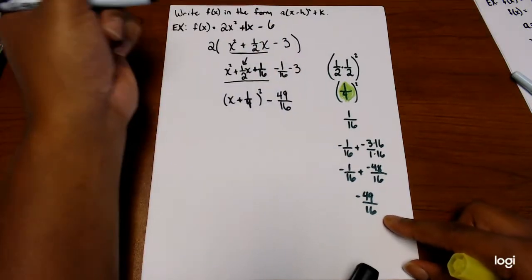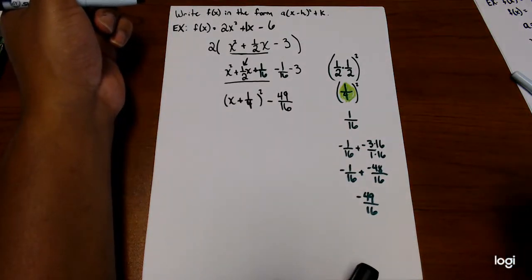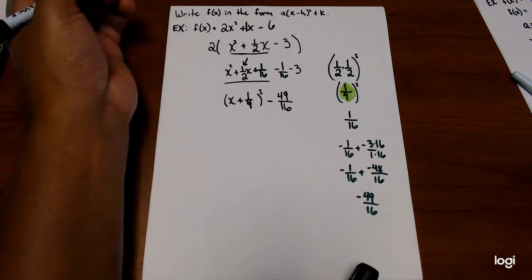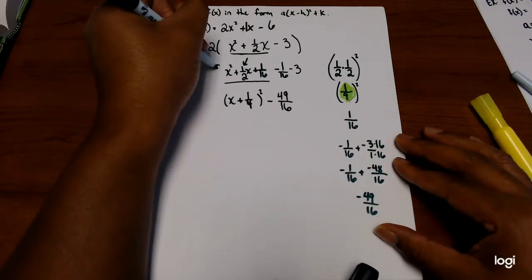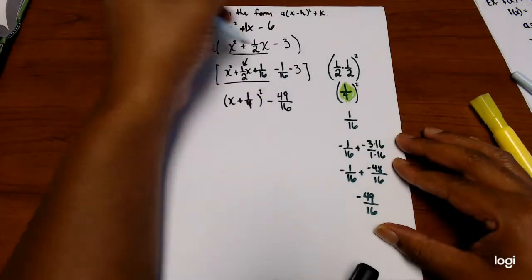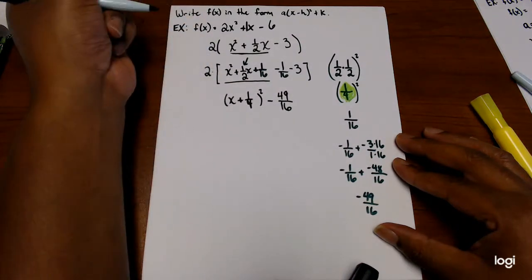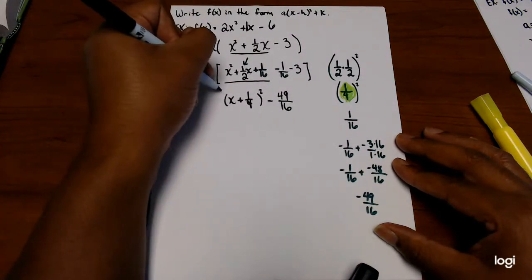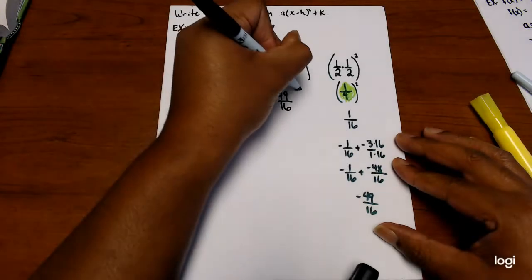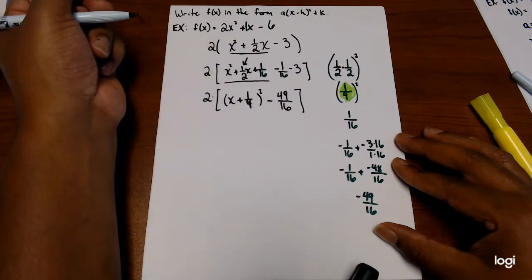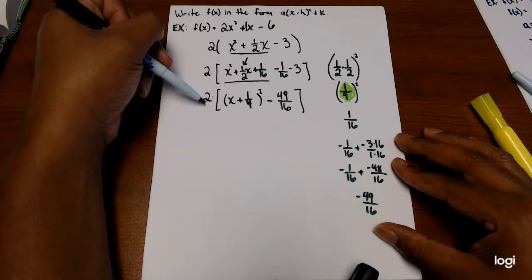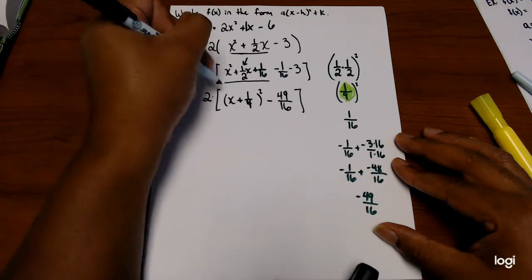Now, let's not get too excited because we're not completely done yet. Remember this 2 here that we just ignored? We need to carry that 2 down. That needs to be multiplied by 2, which means that this result here needs to be multiplied by 2. In order to multiply this expression by 2, we're going to distribute.